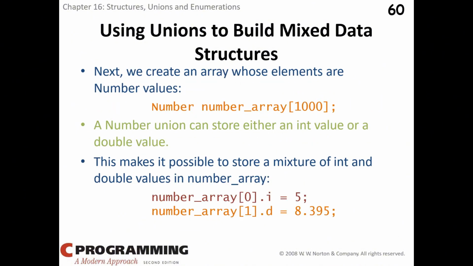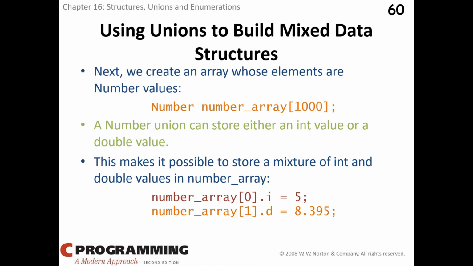Utilizing unions facilitates us to construct data structures capable of storing different types of data. To give an example, we can see here an array that's designed to store a combination of integer and floating point values that we have seen in our previous slide.